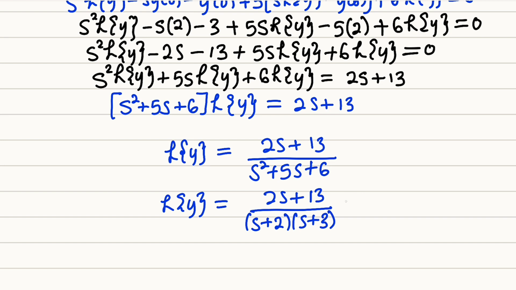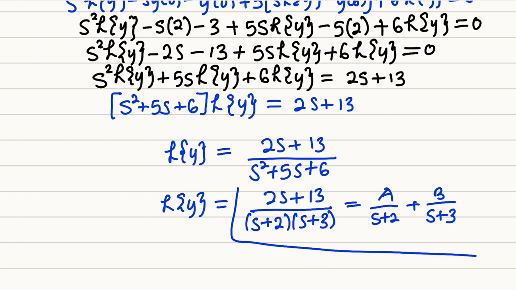Okay, this is what we have to resolve into partial fractions, and this will be equal to a constant a divided by the first factor, s plus 2, plus another constant b divided by the second factor, s plus 3. Okay, this is what we need to solve first. So now let us clear the fractions by multiplying both sides by these two factors.